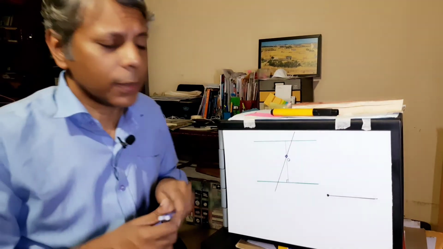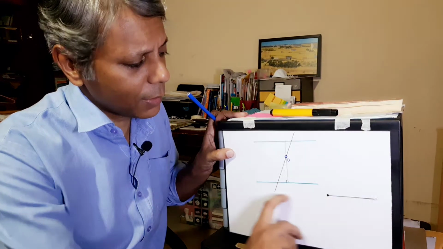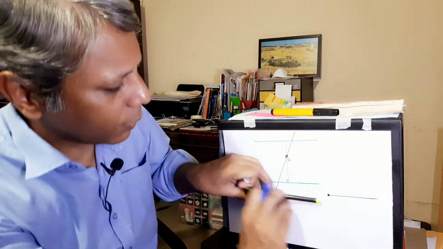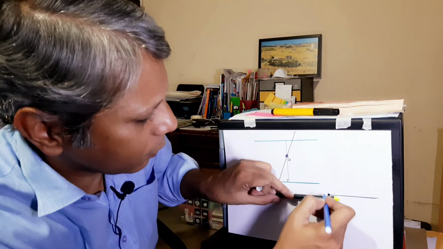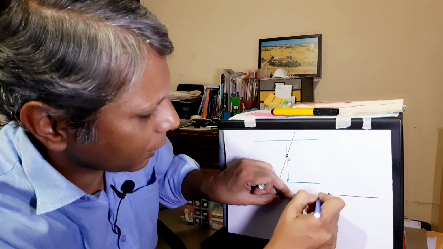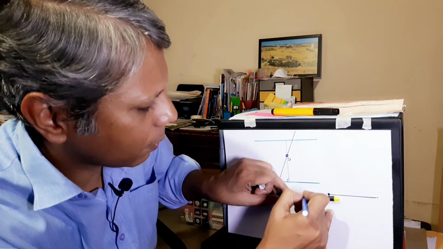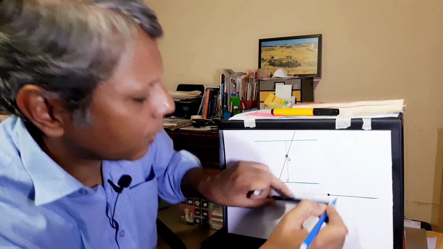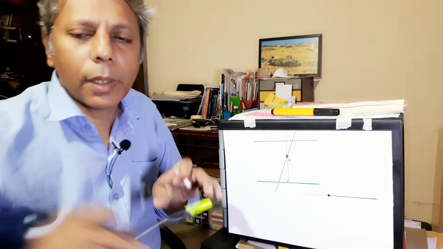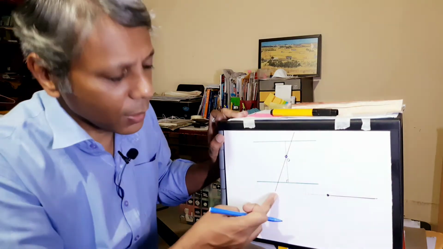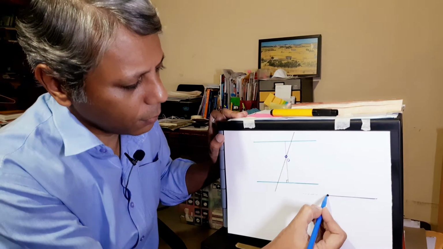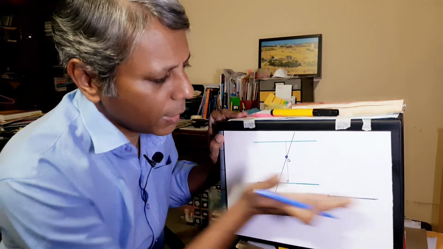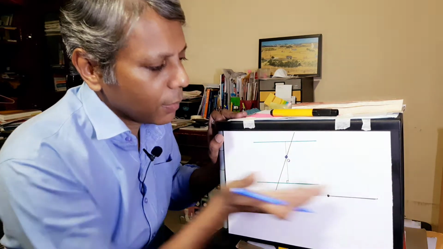So, a couple of things here. What we do is, if we extend this line this way, let's just do it very quickly and maybe not very accurately. If we extend this line in the same direction, in the same orientation.